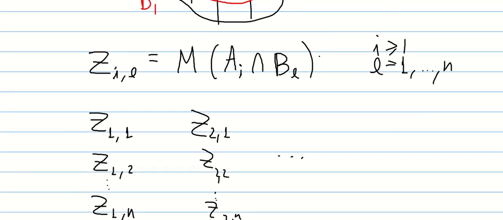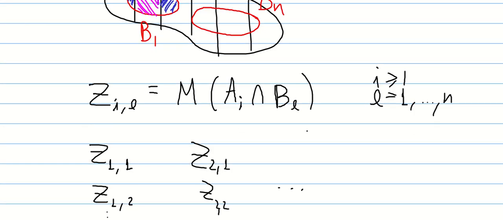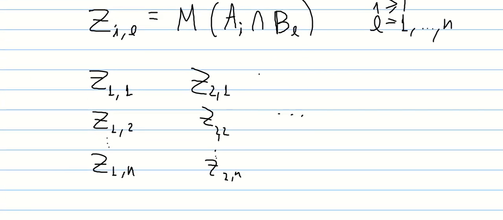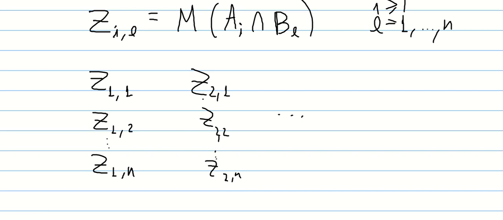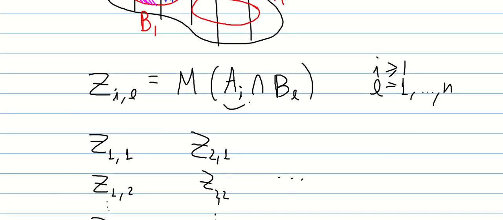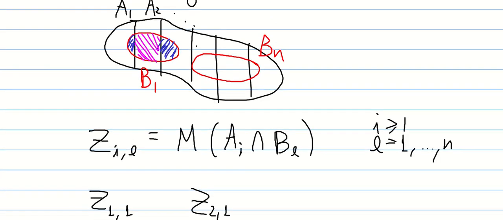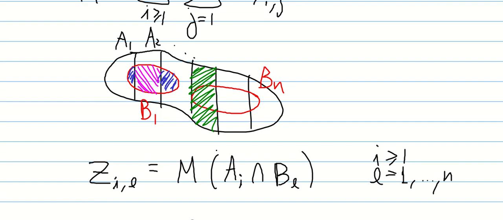Now what do we know? We know that, fixed A, what happens inside the slice A, so what happens here, is independent of all the other A's. That's by construction. So what happens in this green region is independent of what happens in all the other A's.